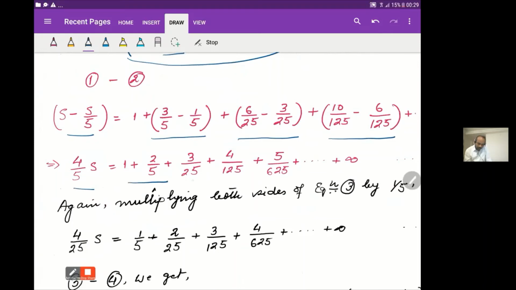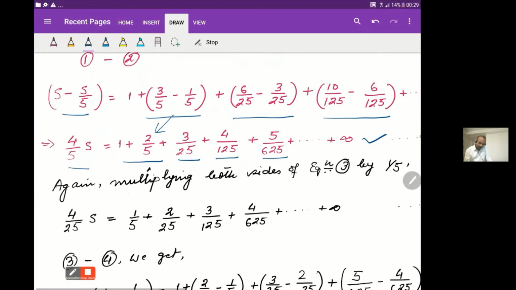That gives us 4S by 5 is equal to 1 plus 2 by 5, then 3 by 25, then 4 by 125, and then 5 by 625, and so on and so forth. Still, it is not a common series.